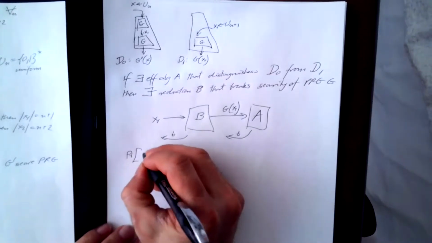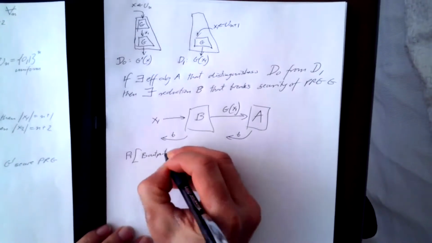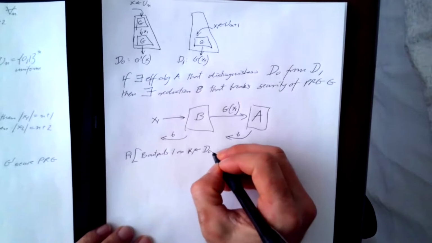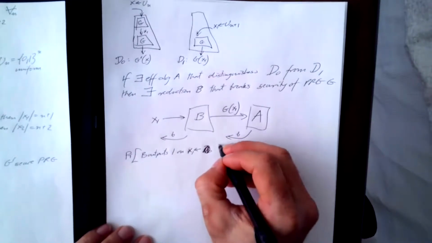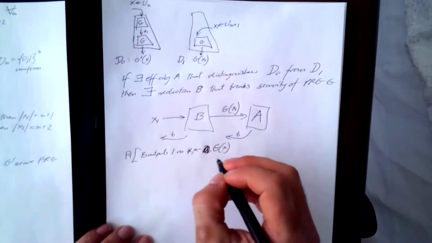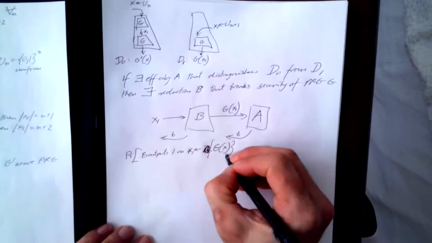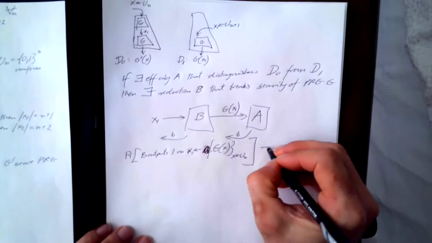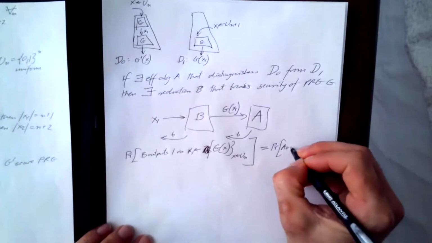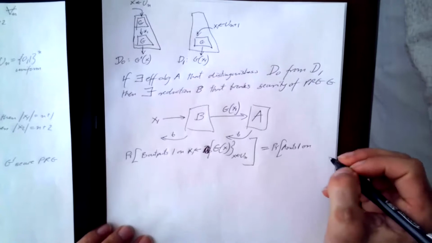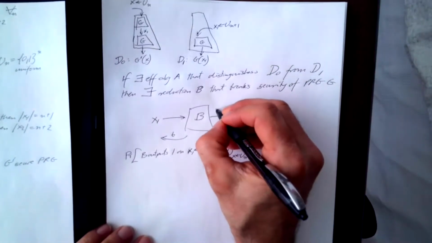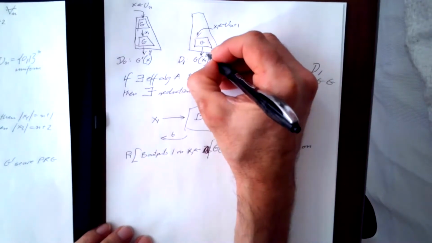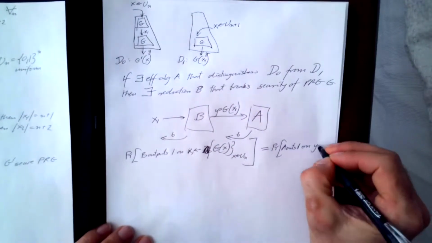The probability that B outputs 1 on X1 that looks like it came from the distribution of outputs of G of X for a uniform X is equal to the probability that A outputs 1 on, let's call this value Y, on Y's that came from D0.